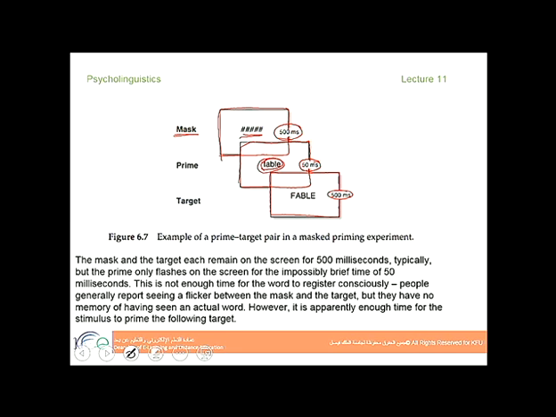Maybe unconsciously we notice it, but not consciously. The question is, will this word, which is shown for only 50 milliseconds, will it give us a priming effect? Like people will answer to this more accurately?